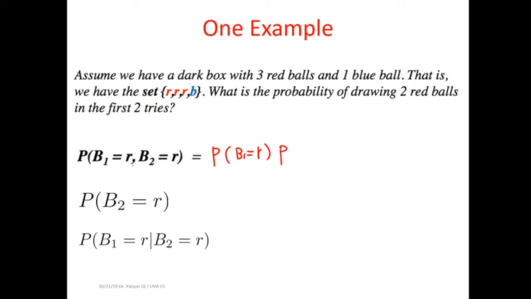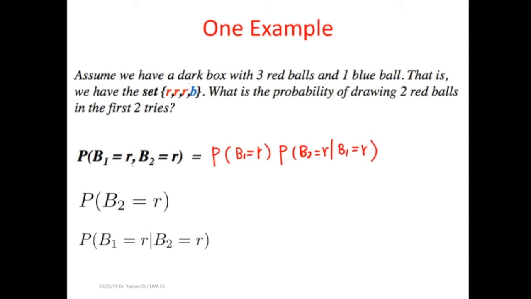So what should be the second factor in this multiplication? Okay, so what is this? The first try is a red ball, the second try is a red ball. I decompose it using the chain rule because it's not that easy to directly count it, but it's so much easier to do these two numbers.